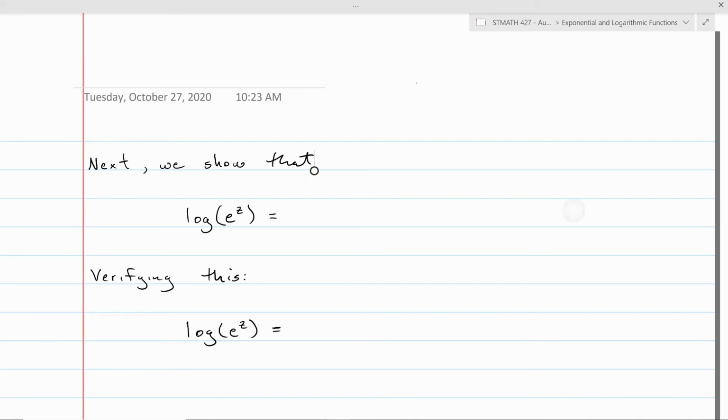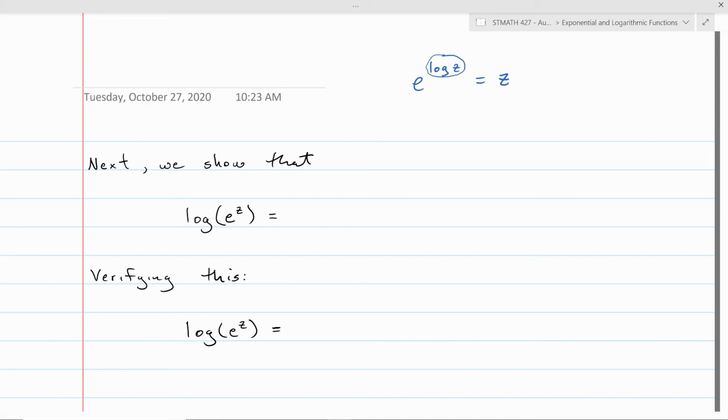So on the previous page, we had e to the log z is equal to z. And the reason this one worked out so nicely is because the exponential function is not a multifunction. The log is, but it turns out that the exponent here was really a whole bunch of different exponents, but the way that they were different didn't really affect the outcome. You always get z as the output.